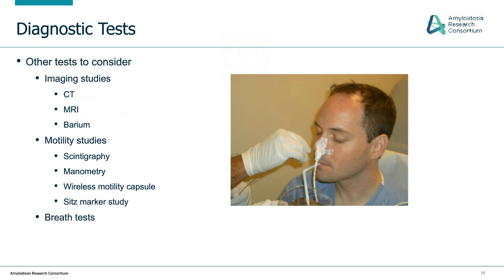Now, we do have a number of other tests which are available to help better define what's going on in the gut. And so if we look with upper endoscopy and colonoscopy and we don't find signs of amyloid, but we're suspicious that there is involvement that's potentially deeper, we do have a number of other tests that we could think about. And those fall into really three categories.